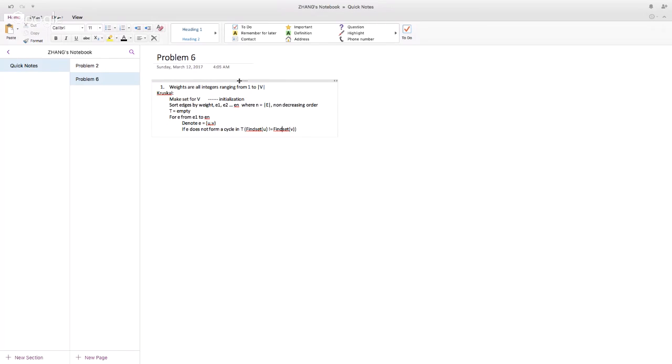So this inequality will check whether the edge UV connects two connected components. If UV forms a cycle, that means U and V already belong to one connected component, and then this edge is not safe, so it should not belong to the spanning tree.